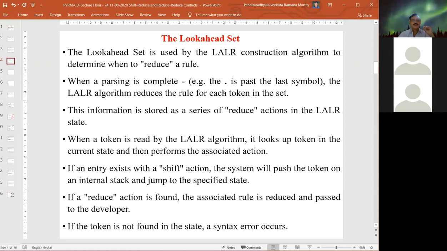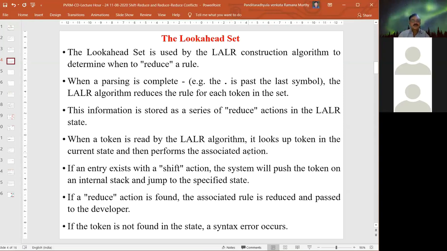Whenever we find a handle on the top of the stack, we apply the reduce operation, reducing it to the left side of the production. This information is stored as a series of reduce actions in LALR states. When a token is read by the LALR algorithm, it looks up the token in the current state and then performs the associated action.